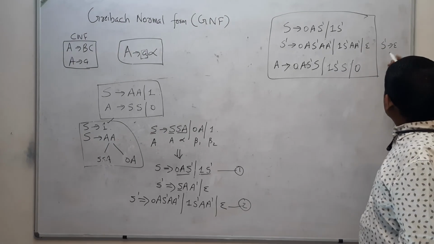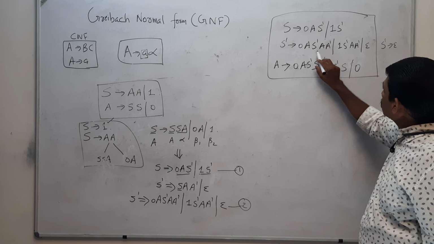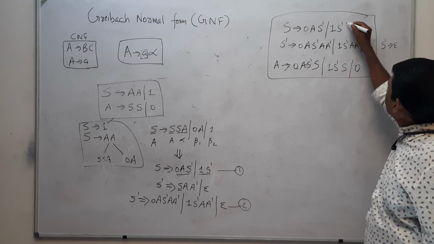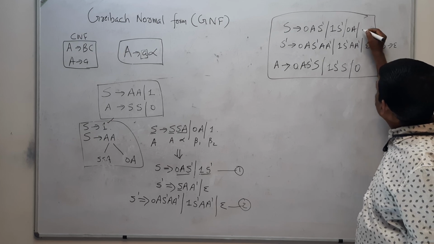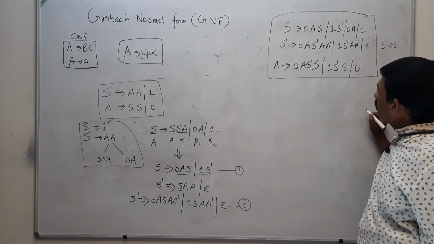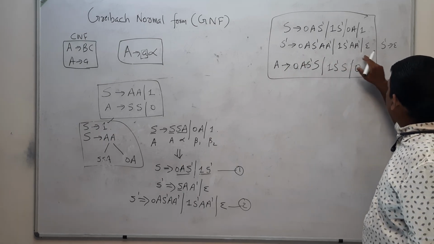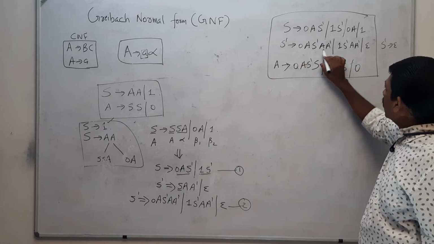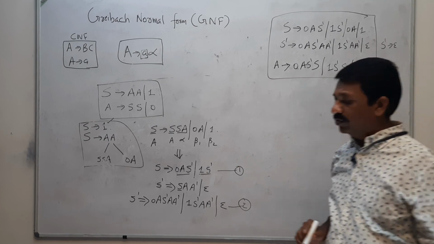That means wherever there is S dash, you have to replace that S dash with epsilon. Then here we get two more productions, 0 A or 1, and here you will have 0 A dash and 1 A dash. That you have to do yourself.